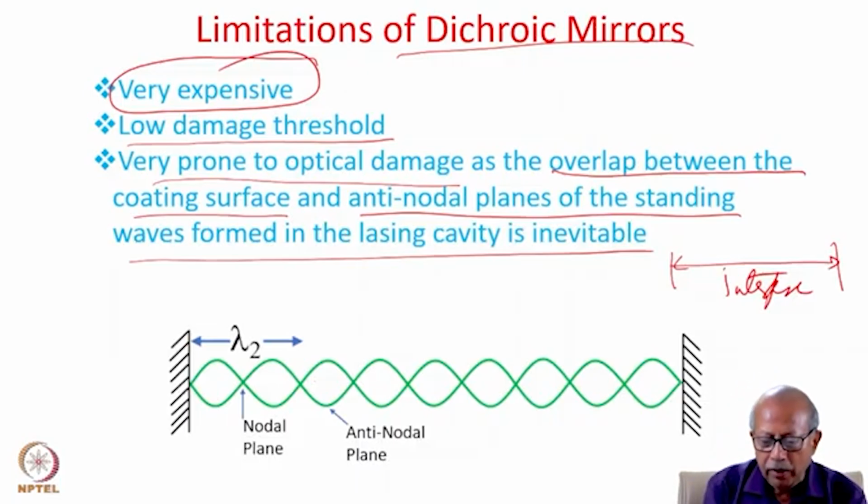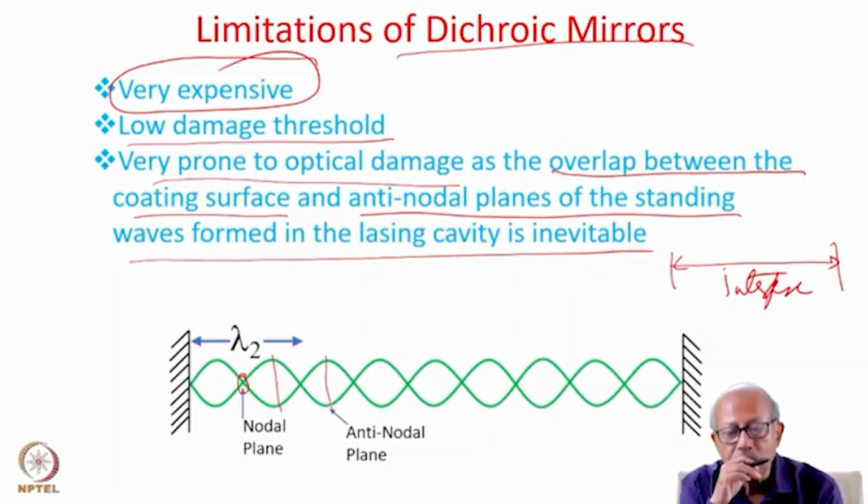The standing wave has a nodal plane where the intensity of the optical flux, the intensity of light, is 0. And at the antinodal plane, the intensity is maximum.